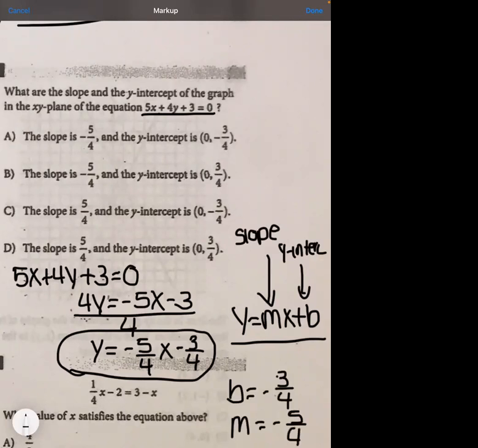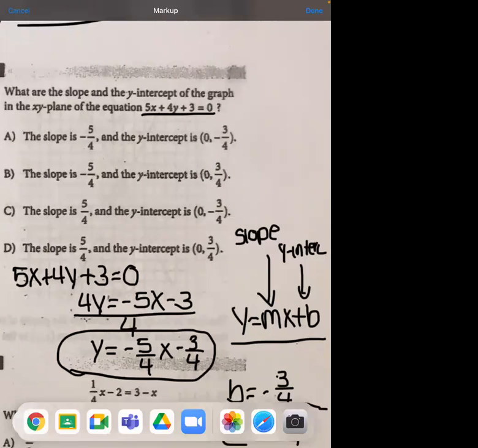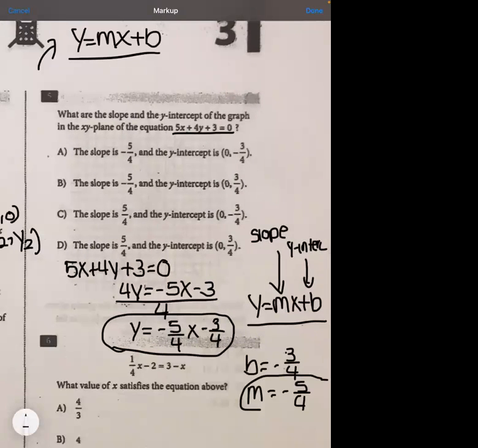So the slope m is negative 5/4. Based off of that, we can eliminate C and D, and the y-intercept is b. In this case, b is negative 3/4.